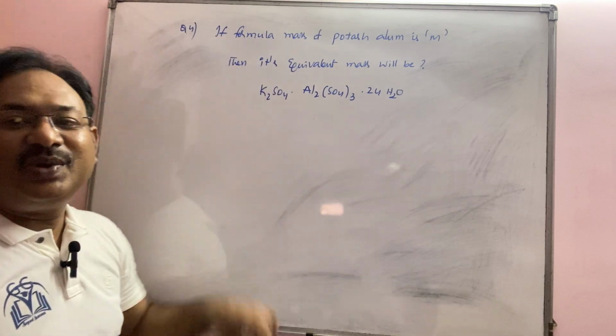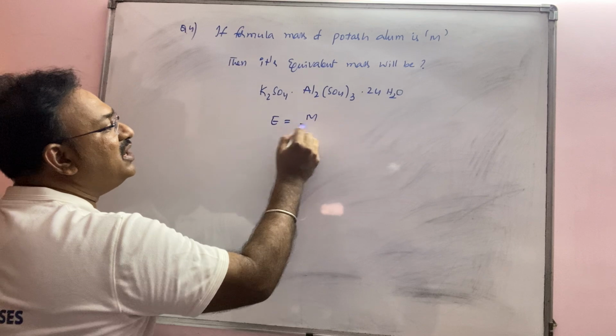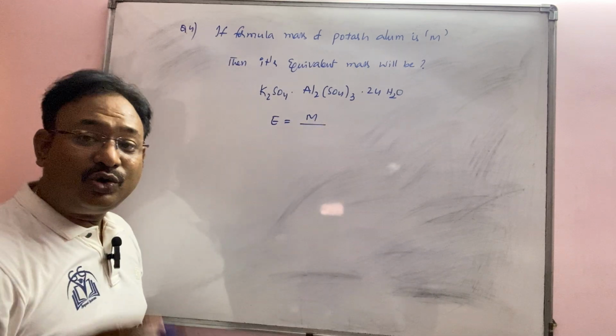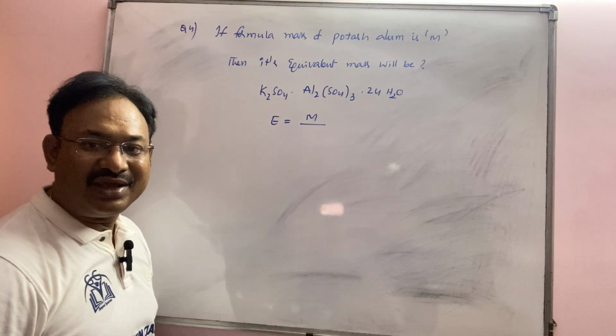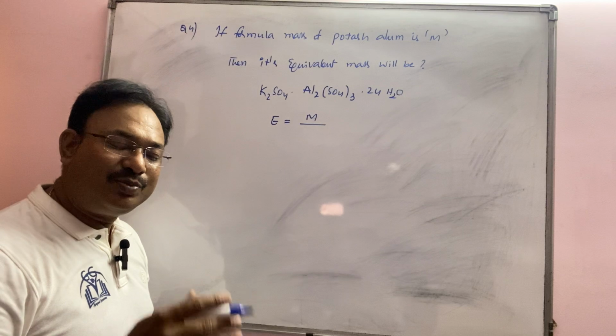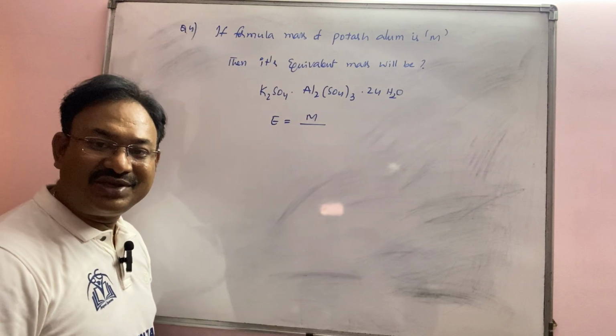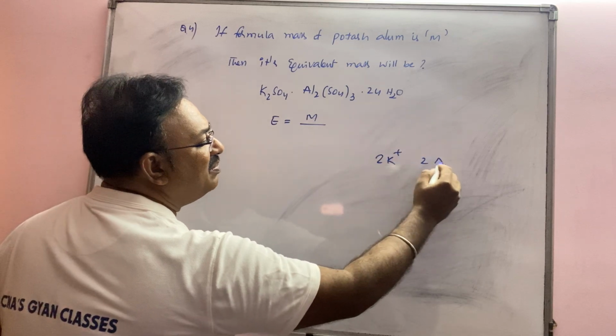So यहाँ पे equivalent weight कैसे calculate कर सकते हैं? So equivalent weight is equal to क्या बेटा? Formula weight by total charge on cation और total magnitude of charge on anion. So पूरा cations के ऊपर चार्ज लेना है, नहीं है तो पूरा anions के ऊपर जितना चार्ज है उतना लेना है. तो यहाँ पे 2K plus and 2Al plus 3 ions.